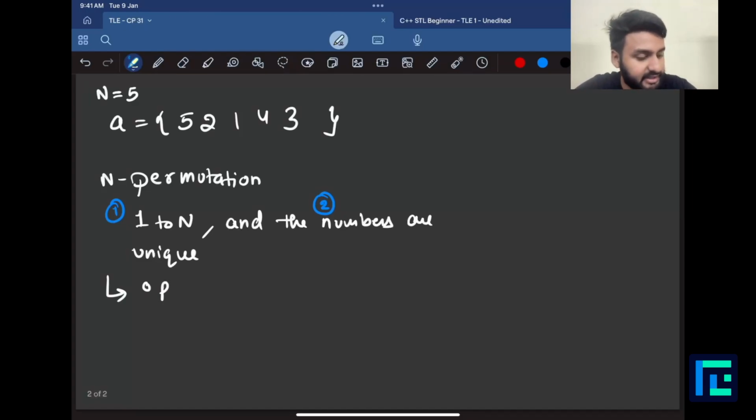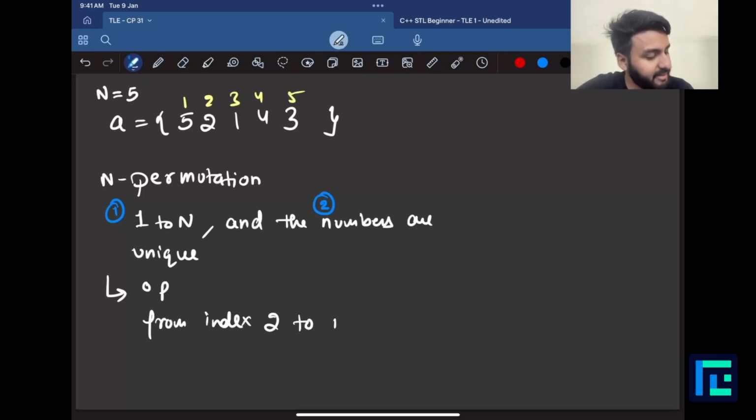I'll say, okay, this is index 1. I'm doing a 1 based indexing, index 2, index 3, index 4, index 5. So the operation that they are saying is from indexes 2 to n minus 1. Sorry, not I minus 1. I'm so sorry over here. N minus 1. That is, in this case, because n is 5, you can write 4. So basically this index and this index.